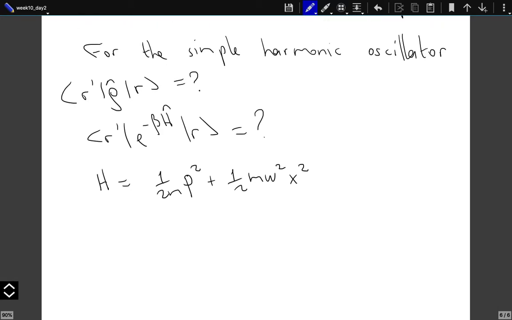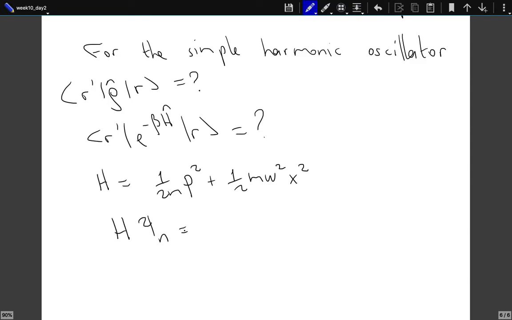So we want to calculate with r states, right? States corresponding to r. And we can find the eigenstates. Eigenstates of what? Okay, the eigenstates of the Hamiltonian. Well, we already know the eigenvalues.